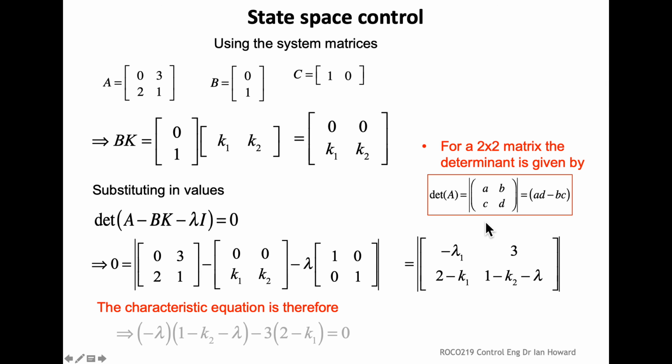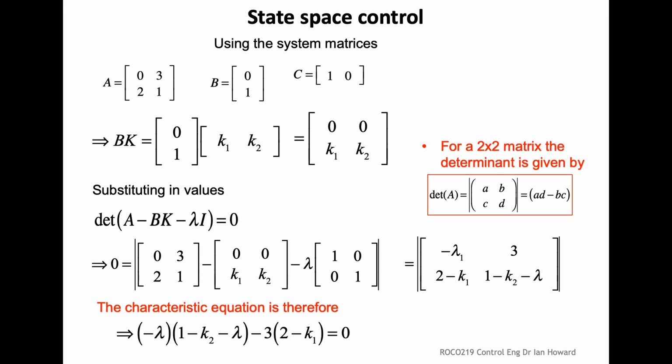So we can then work out the characteristic equation. It's going to be minus lambda times (1 minus K2 minus lambda) minus 3 times (2 minus K1), and that's got to equal 0. And that's the characteristic equation, and if we solve that, that will give us what the lambda is.